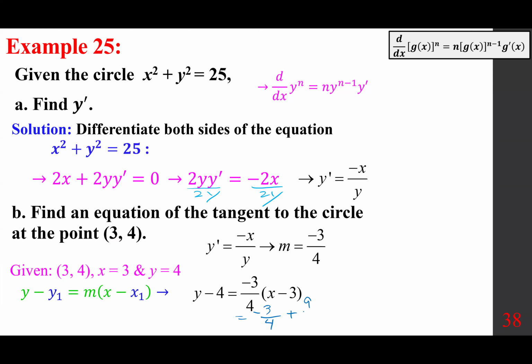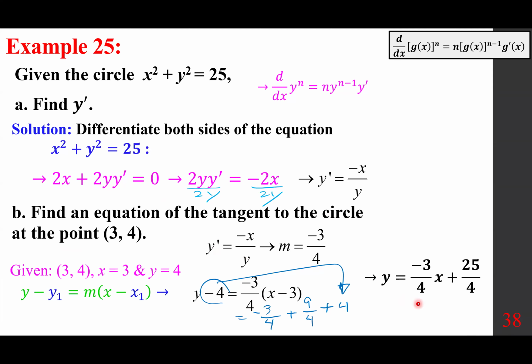Distribute and add 4. 4 is 16 over 4, with 9 becomes 25. So 25 over 4. Y equals negative 3/4 x plus 25 over 4. If you plug in 3, it works, which means this process is right.